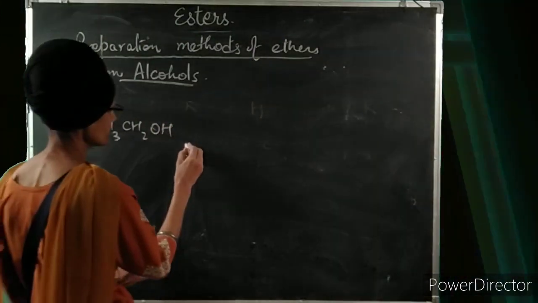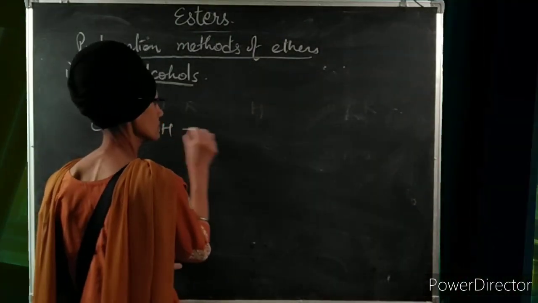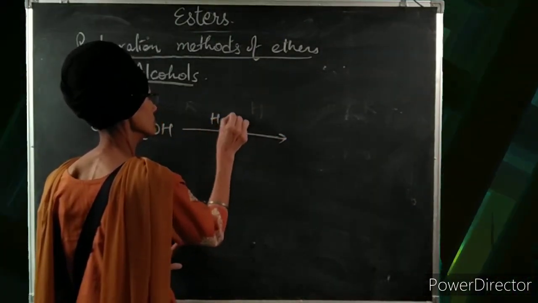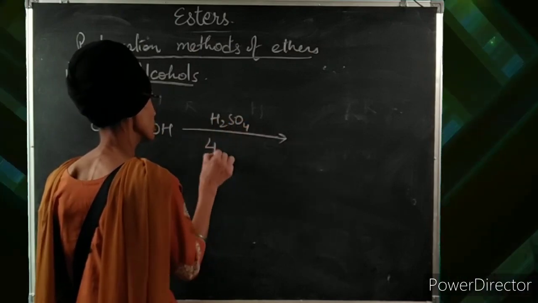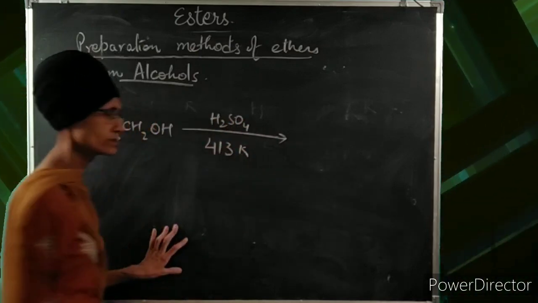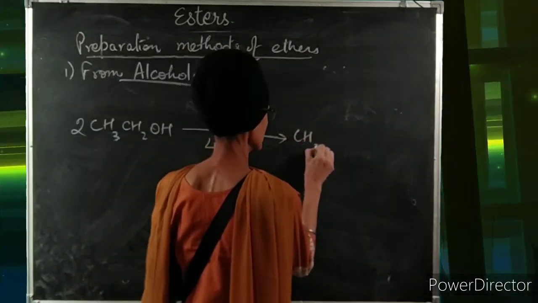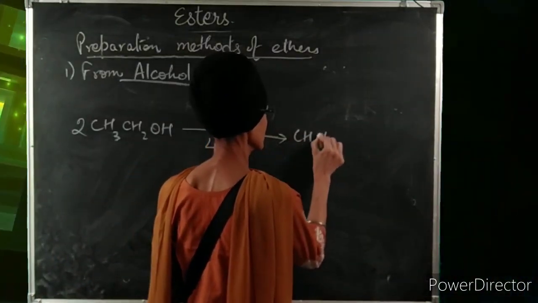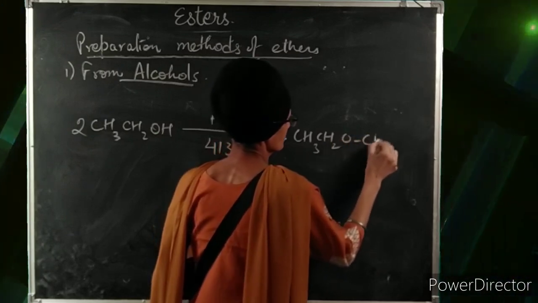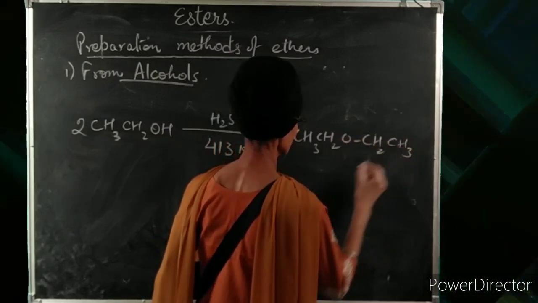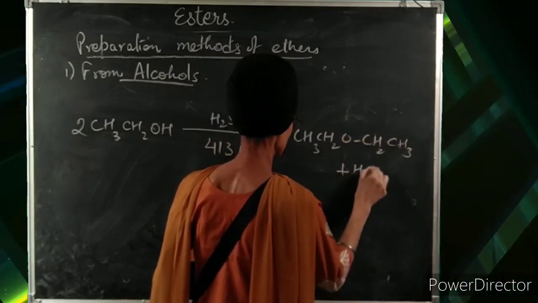When alcohols are treated with sulfuric acid at 413 Kelvin, ethers are formed. So in case of ethanol we will get diethyl ether, and a water molecule will also be formed.